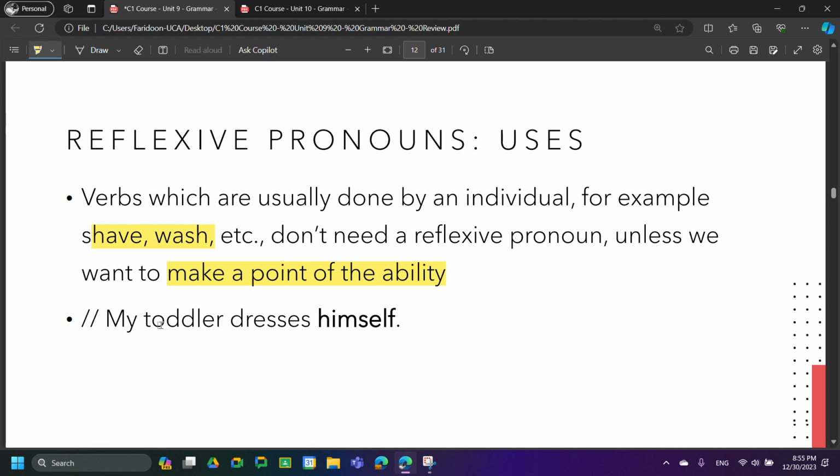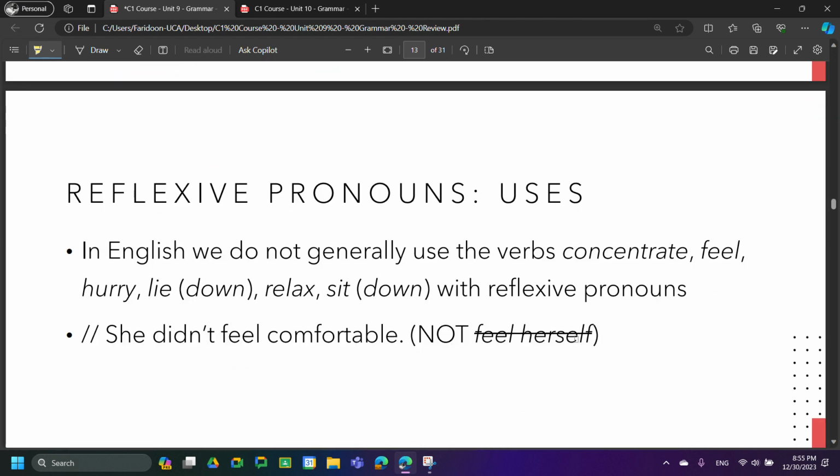Example: my toddler dresses himself. Once again, you don't need to say it; you can just say my toddler dresses, or gets dressed. But when you say "himself," you're making a point of ability, saying he does it alone and doesn't need anyone else.